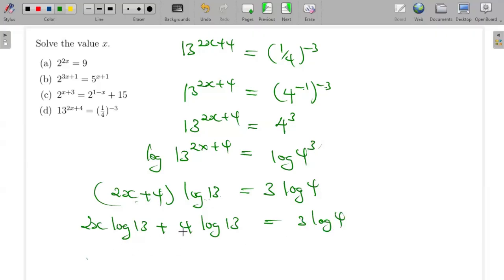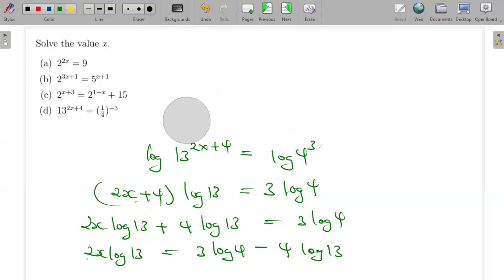Then I take the ones with just the number to the other side, such that I have 2x log 13 equal to 3 log 4 minus 4 log 13.